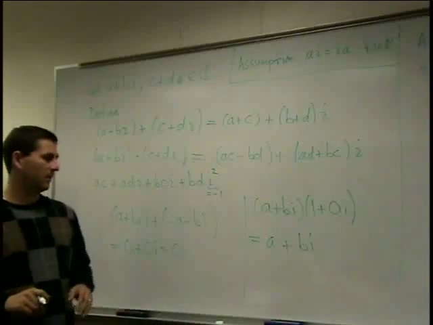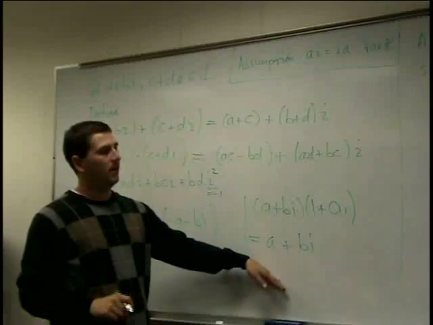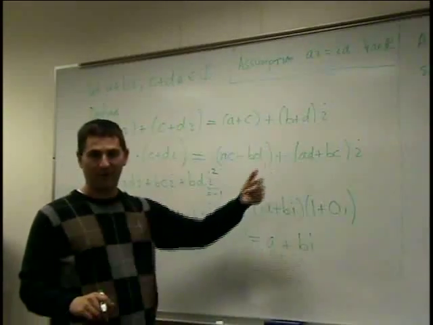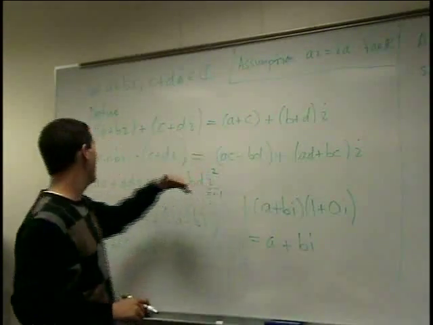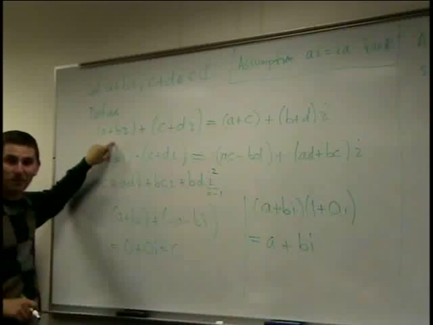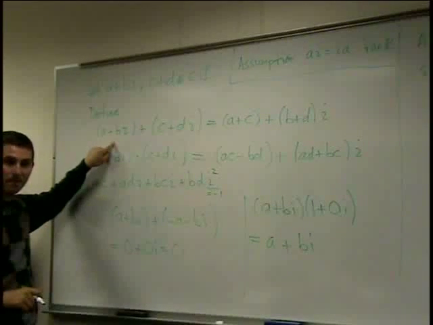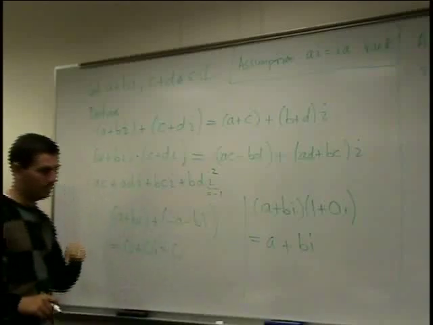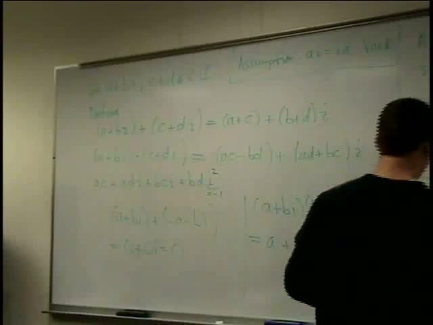So we have an identity. Now the last thing is we need an inverse under multiplication. So we need to be able to do 1 divided by a plus bi. That we need to figure out. What's 1 divided by a plus bi?